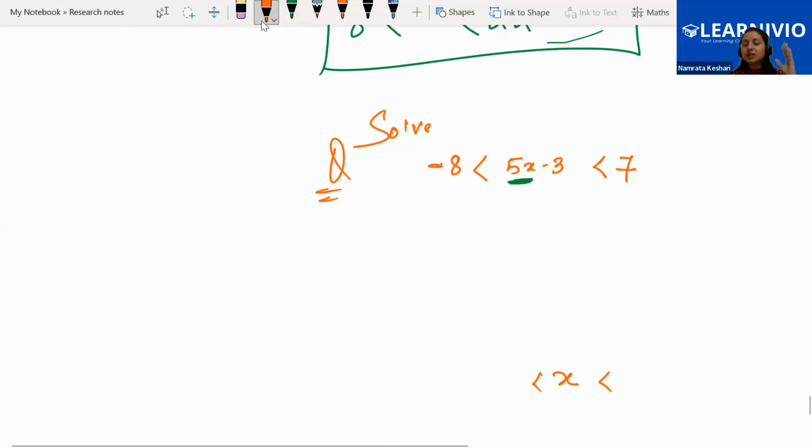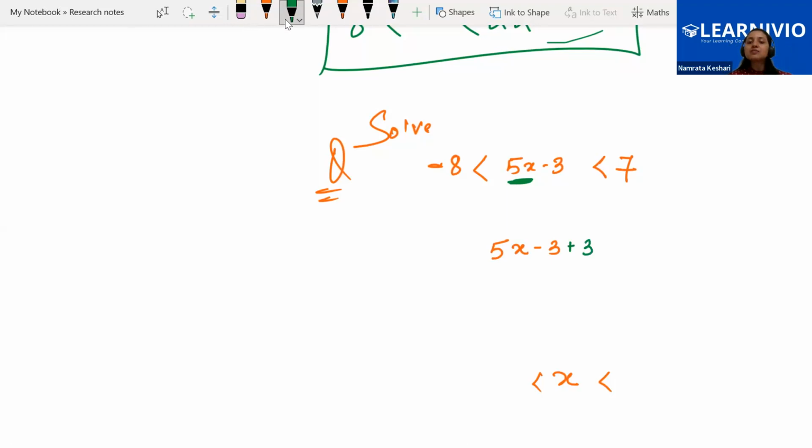Keep the purpose clear. The purpose is to create x in the middle. For now, we are having 5x minus 3. We are trying to create x in the middle so that we will get the range of x, and that will be the solution of our inequality. So we will add 3 so that this minus 3 gets removed.